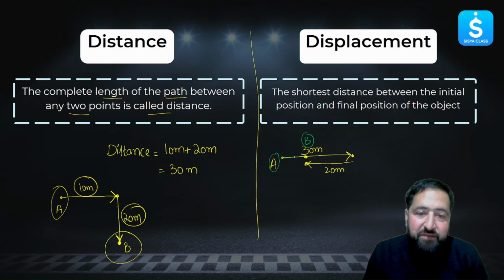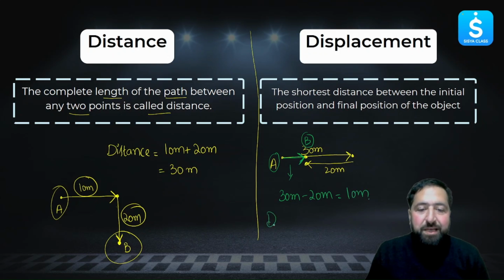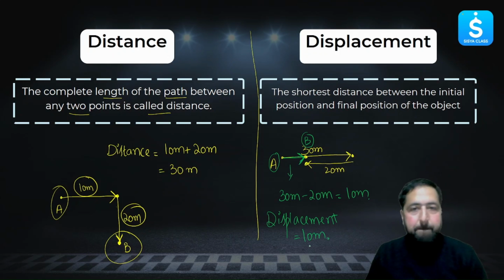And how much will this be? It is 30 minus 20. So 30 meters minus 20 meters is equal to 10 meters. So what is the displacement here, my dear students? Yes, it is 10 meters. Done? Very good.